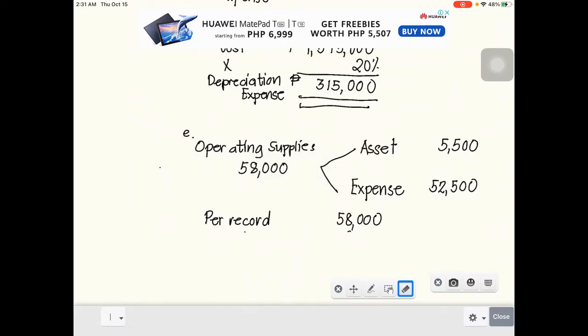So if it's the remaining, the amount to be recorded is 5,500, meaning the rest is the expense or expired portion.